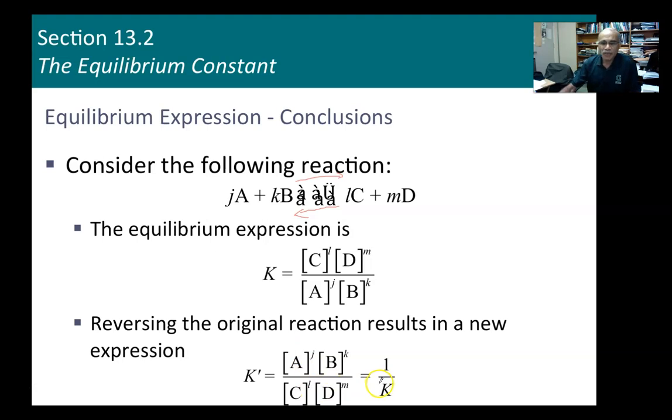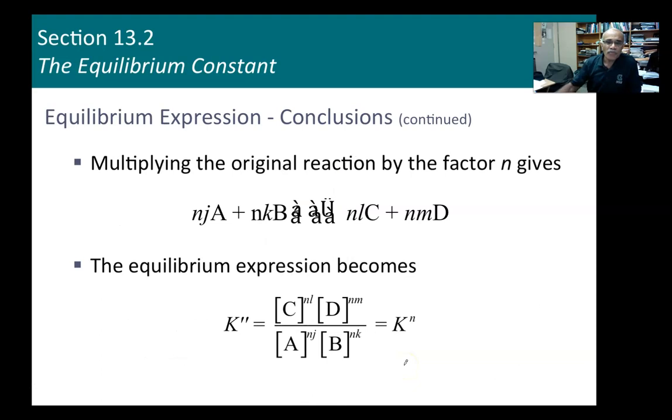It'll be the reciprocal of K. Now if you're multiplying an equation by a factor, for example here, if you're multiplying it by this factor n, the equilibrium constant value will be K raised to the power of n.